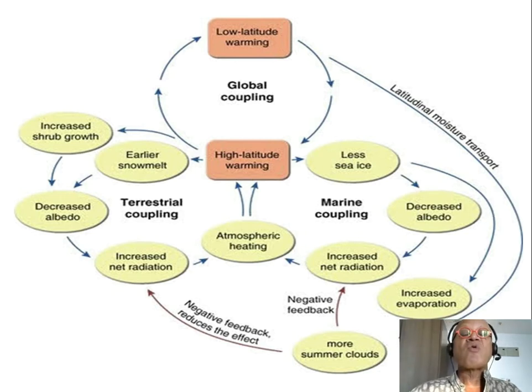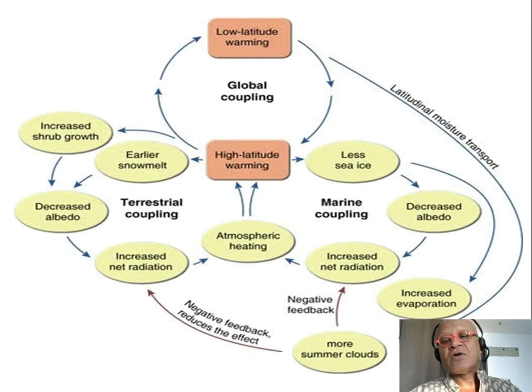So you can have more summer clouds. So even though the Arctic is cold, cloud feedbacks there are very strong. Okay, this is not very intuitive. Then you can have a negative feedback because those clouds can be bright and increase the albedo. So that can affect the balance through this loop.